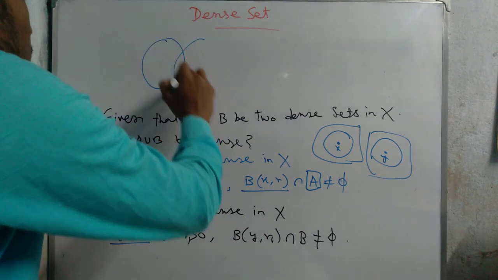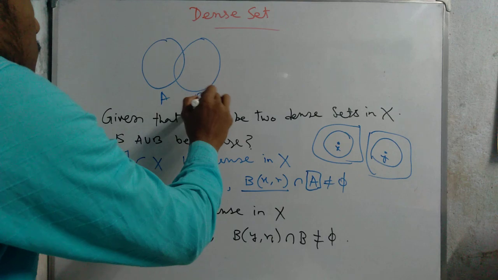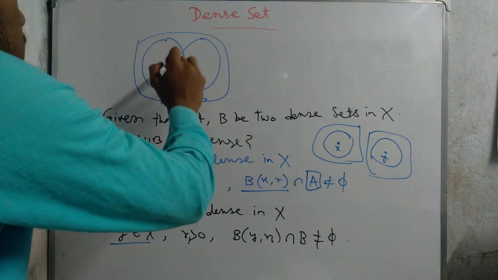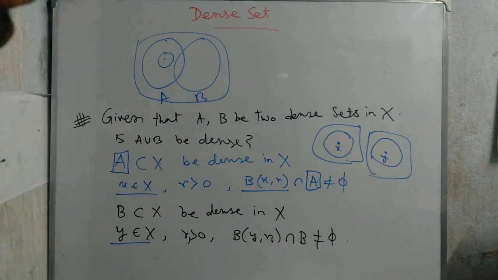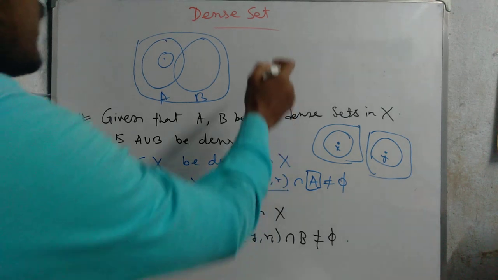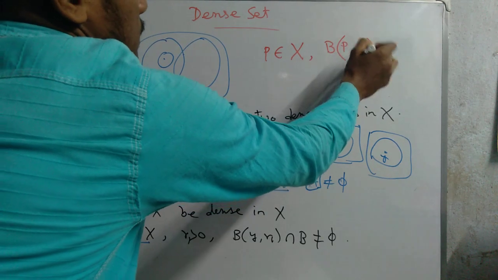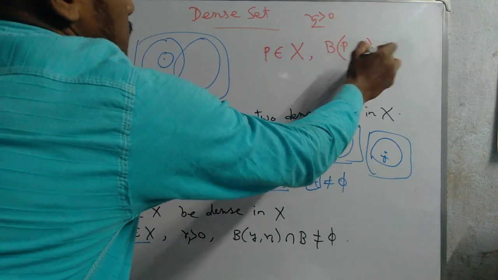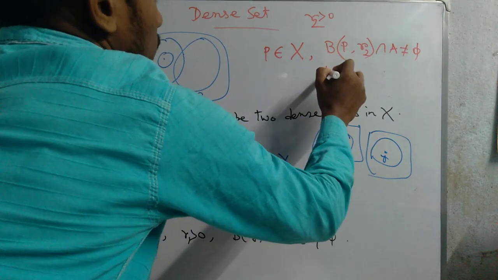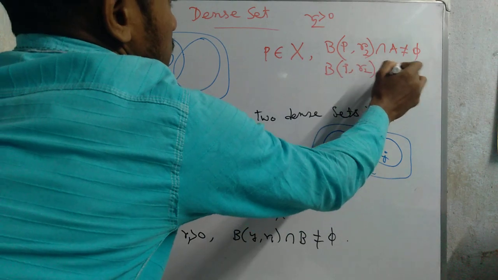So A and B are dense, then A union B is dense in X. This means any point of X is contained in some ball, and this ball has non-empty intersection with A and with B. If we take any point p from X, then for r2 greater than 0, B(p, r2) intersection A is not equal to phi, and B(p, r2) intersection B is not equal to phi.